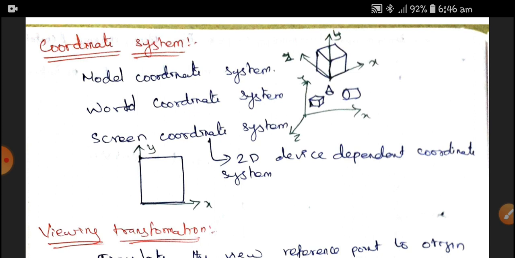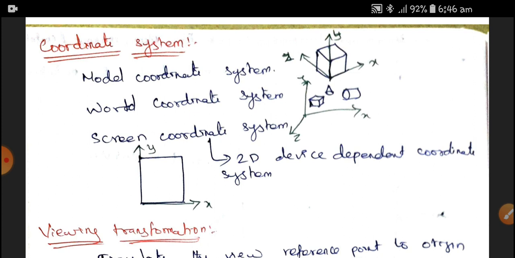Next is the screen coordinate system, a 2D device dependent coordinate system. This is a two-dimensional device dependent coordinate system that is called the screen coordinate system. If we want to draw a simple model or a simple component, we can use the screen coordinate system.